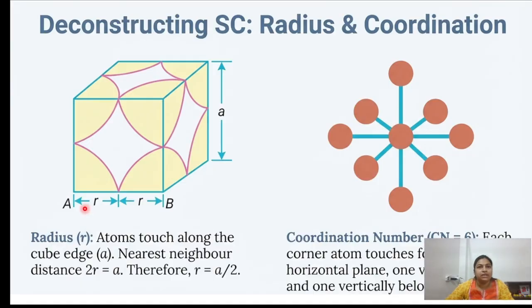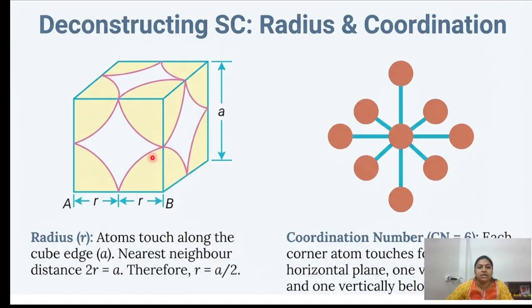If a, small a, is the length of the side of the cubic cell, all the sides are the same, and the atoms touch along the cube edge.